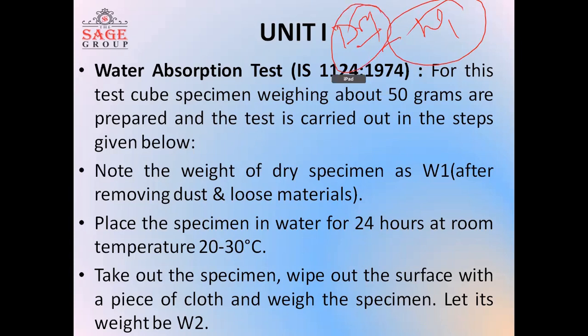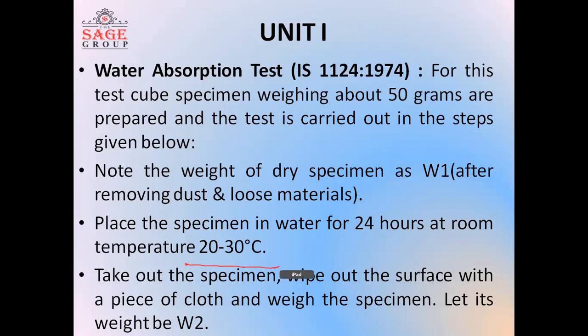Now the specimen is placed in water for 24 hours at room temperature, that is mainly 20 to 30 degrees Celsius. Afterwards the specimen is taken out, and the excess water on the surface of the stone is wiped off with a cloth. Now again weigh the specimen, which is called W2.